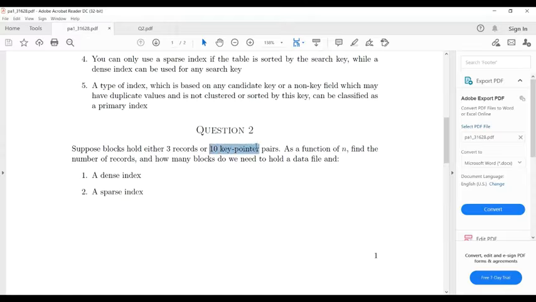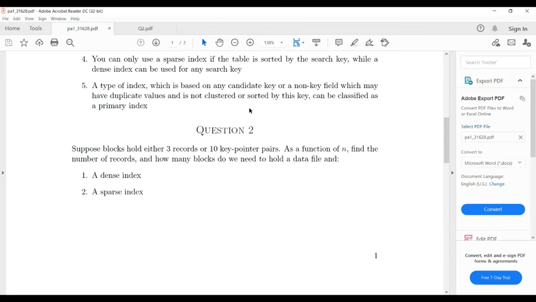The question said 10 key pointer pairs, which is the total number of records a block can hold in the index. So we know that while constructing an index, the page can hold up to 10 records.